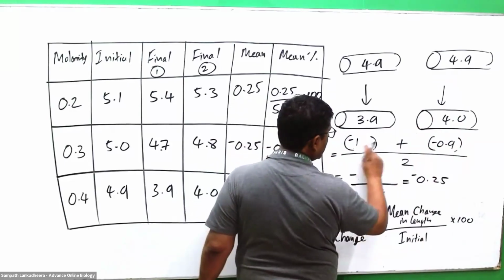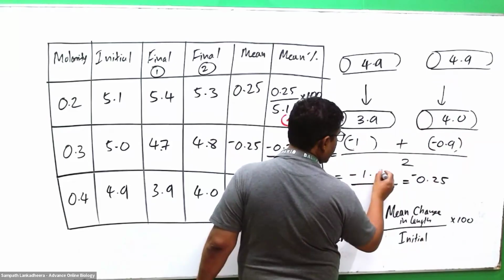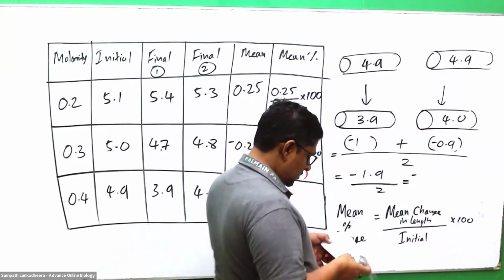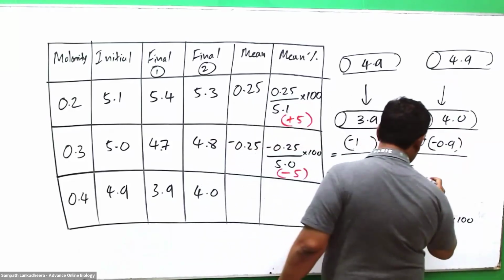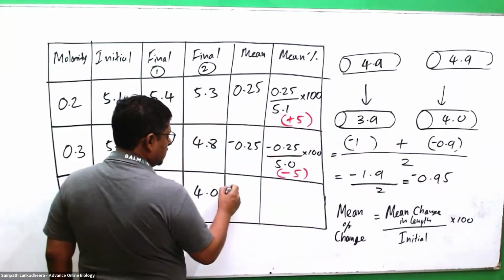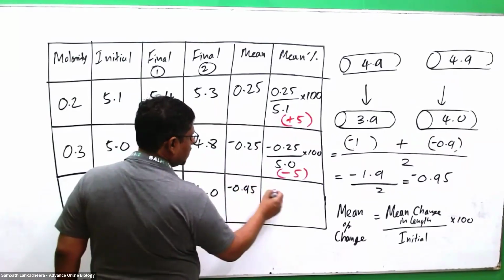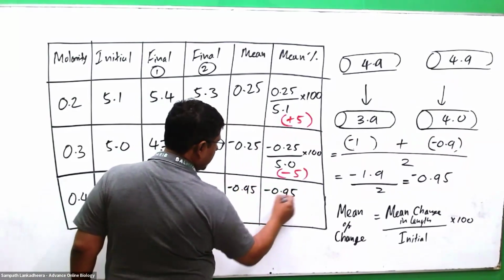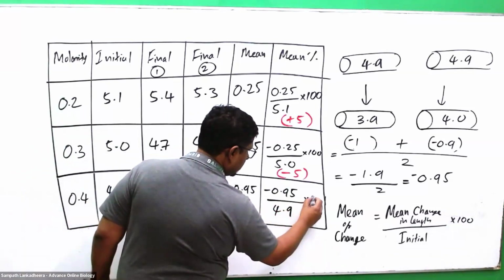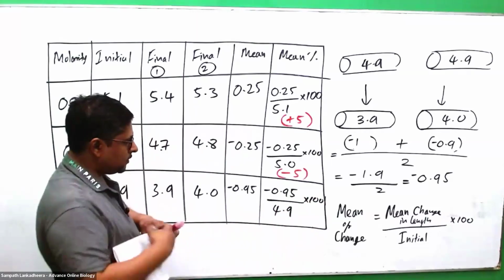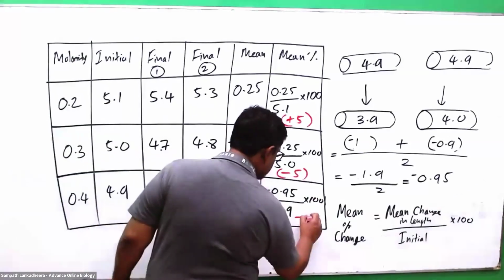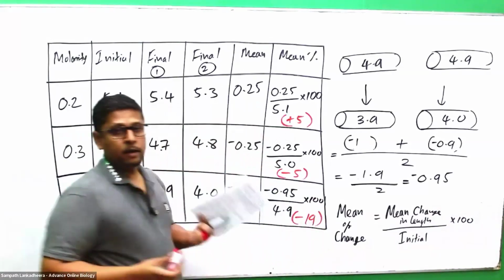The total is minus 1.9, divided by 2 gives minus 0.95. So minus 0.95 divided by 4.9, times 100. What do you get there? Minus 19.